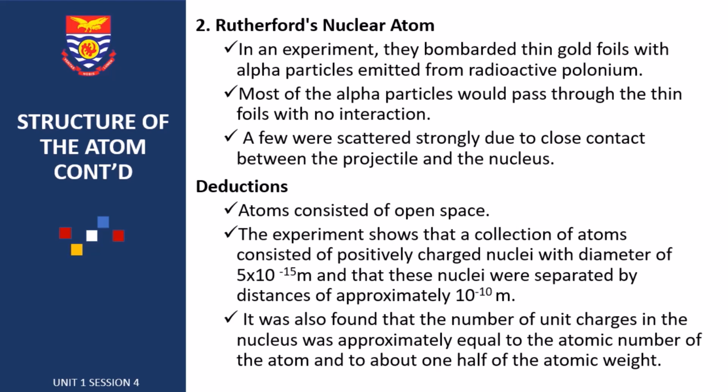He also made another deduction that because very few of the alpha particles were deflected back, it means that the positively charged particles in the atom occupy a very small volume compared to the entire volume of the atom.